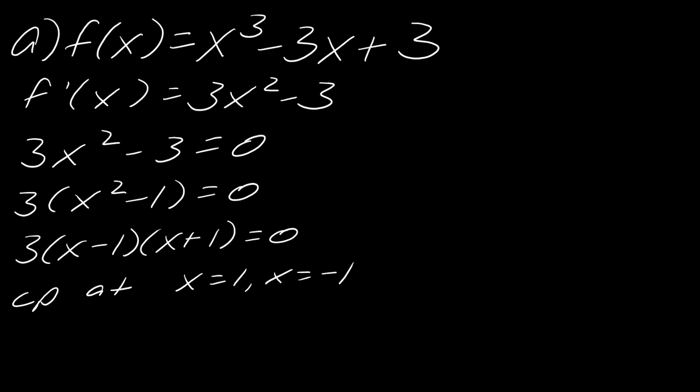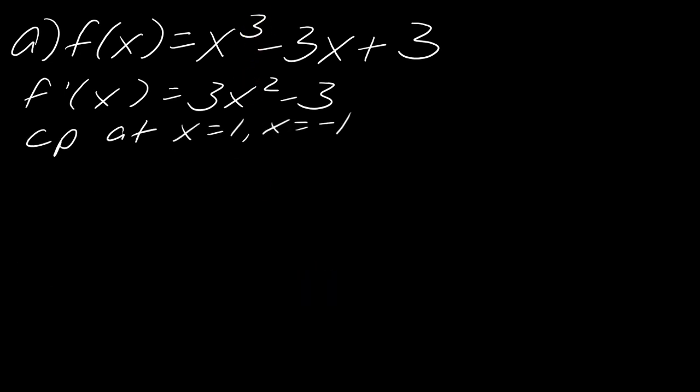Now the first derivative test, this is where we'd have to make a table around these critical points. So let me clear some space. The domain of this function is all real numbers.